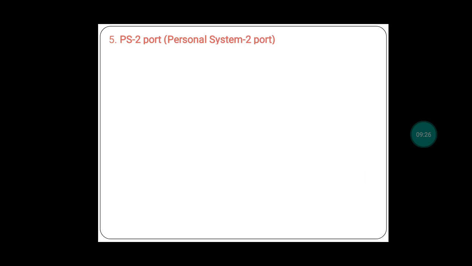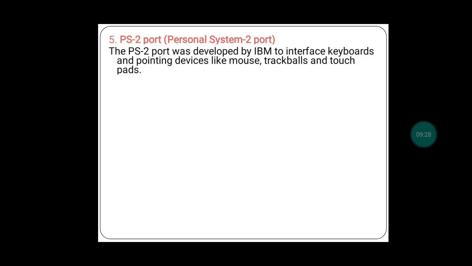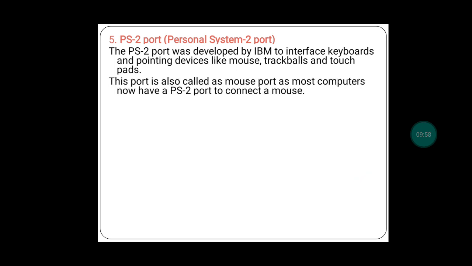So now moving on to the next port, that is the PS2 port. Full form is Personal System 2 port. This port was developed by IBM to interface keyboards and pointing devices like mouse, trackballs and touchpads. So what is the purpose of this port? It allows us to connect pointing devices such as mouse, trackball, touchpads, and also keyboards to the computer system.